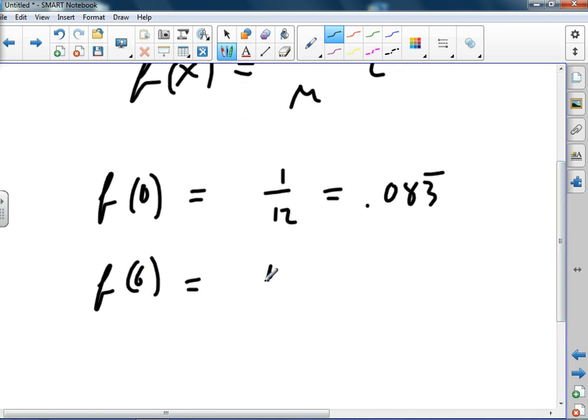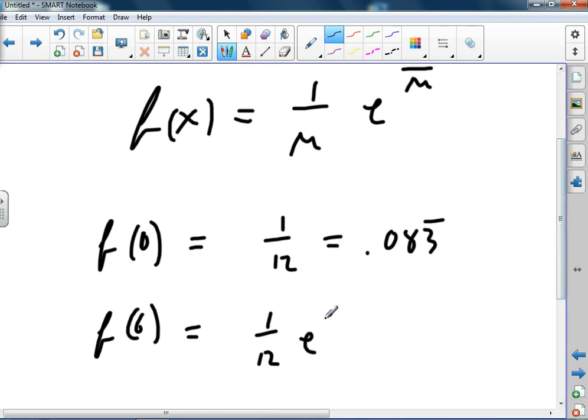1 over 12 e to the minus 1/2, that's 0.05.